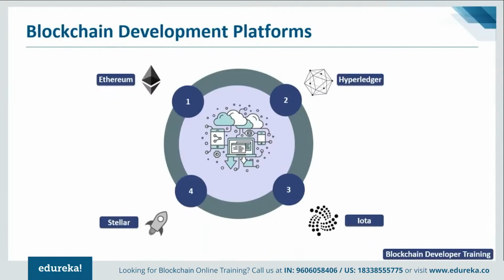IOTA enables companies to explore new business-to-business models by making every technological resource a potential service to be traded on an open market in real time with no fees at all. Lastly, we have Stellar. Stellar is a platform that connects banks, payment systems, and people. Stellar integrates all these components to move money quickly, reliably, and at almost no cost whatsoever.